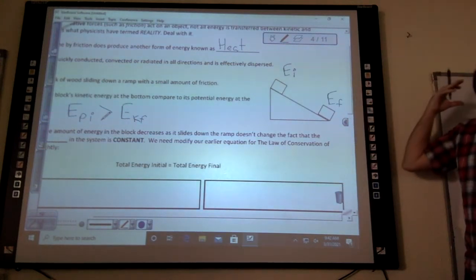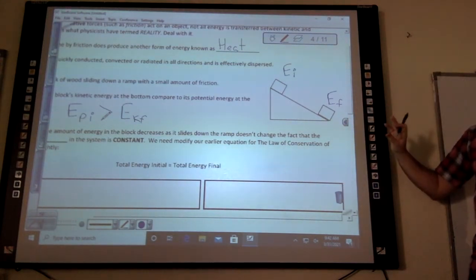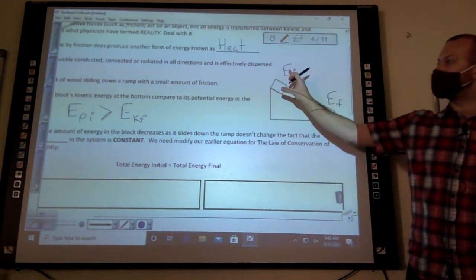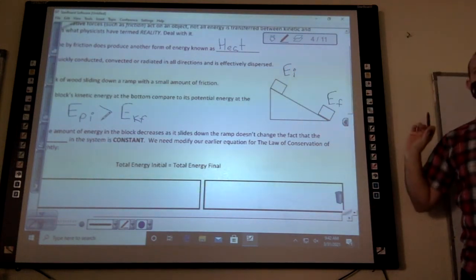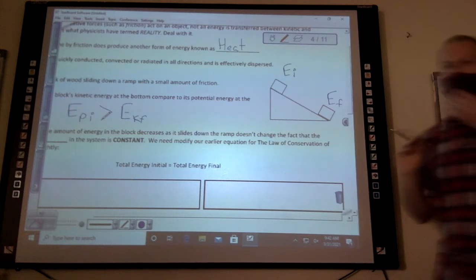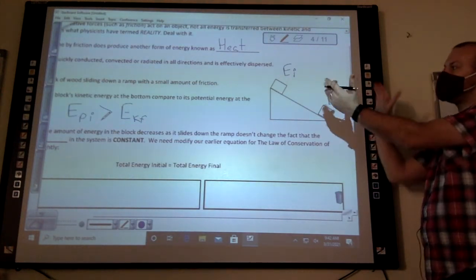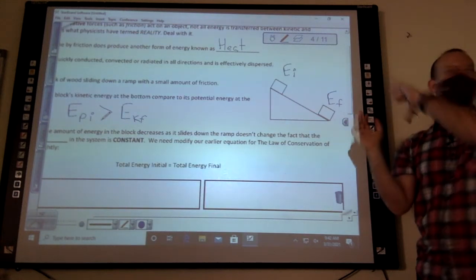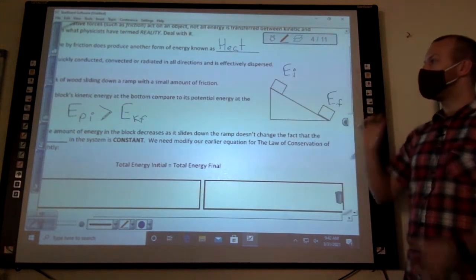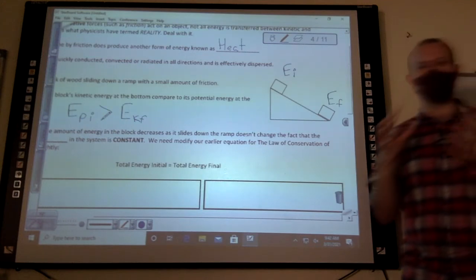So we haven't destroyed any energy. We've just taken some of this potential and converted it into heat. So I haven't lost it. It's still there. And that's why we consider this a closed system, because we're going to include heat inside of this closed system. You can imagine like this is all in a box, and I'm containing the heat within it. So I still have it. It hasn't disappeared.